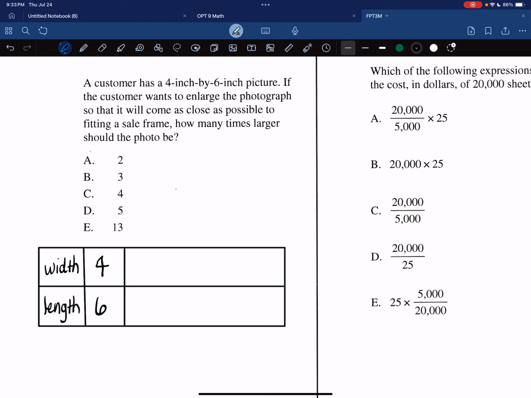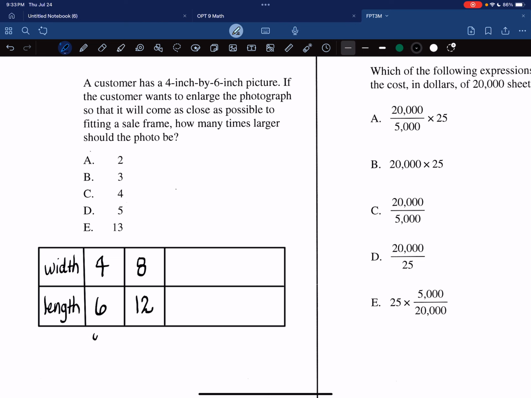And we're going to begin enlarging this thing. So let's suppose that we double the size. So the 4 would be 4 times 2 is 8, 6 times 2 is 12. So the enlargement on that first enlargement would be an 8 by 12.